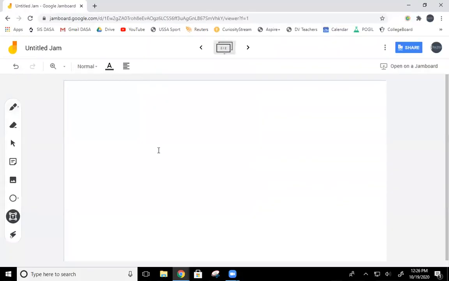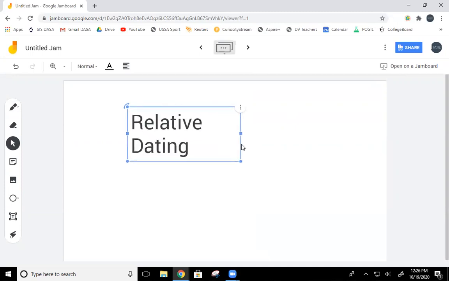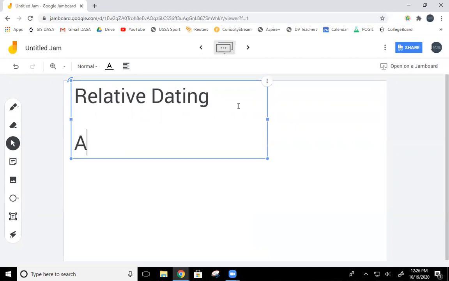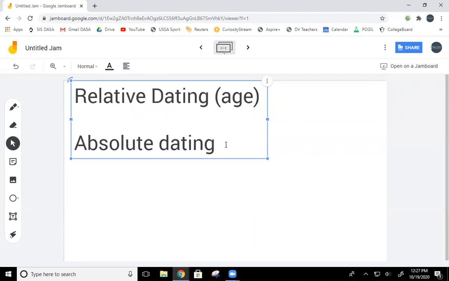So when we talk about finding out the age of the Earth, we talk about relative dating versus absolute dating. You can also say relative age and absolute age.